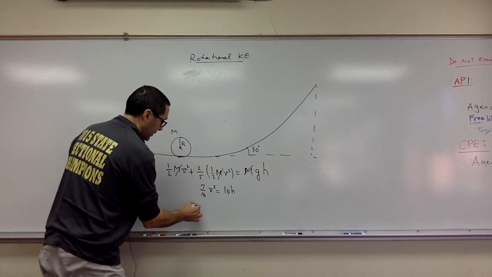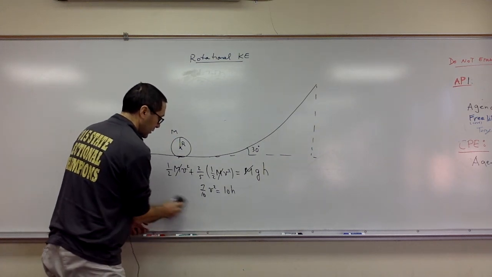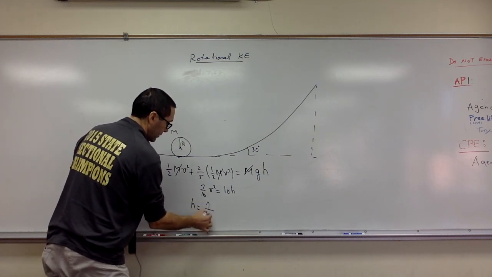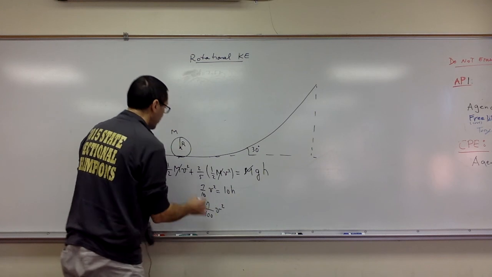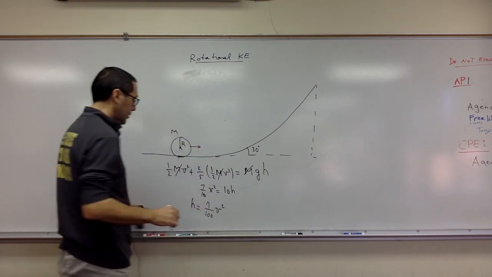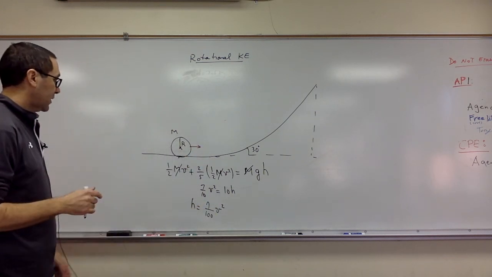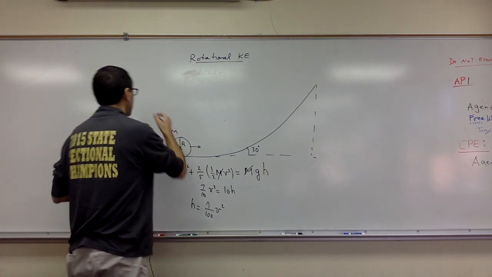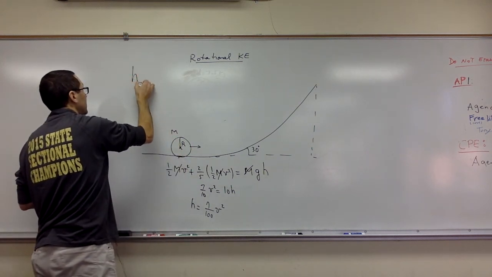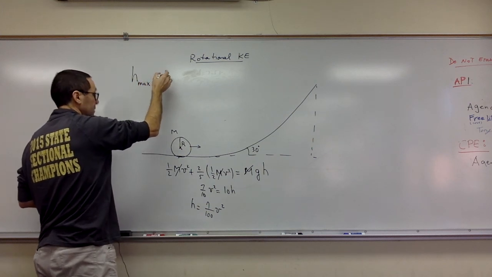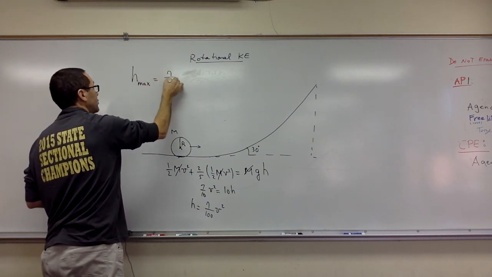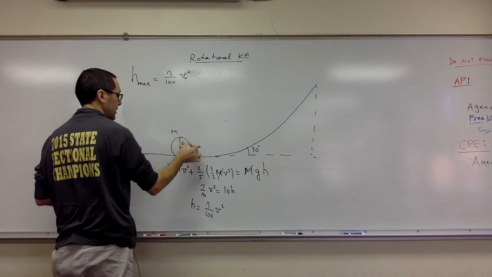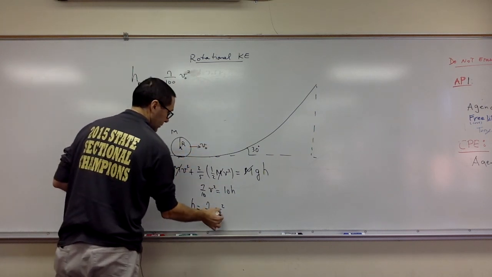Oh, actually we're looking for h. So h is going to be 7/100 v squared. So depending on what linear speed you had initially, you can figure out your maximum height. So the maximum height is going to be 7/100 times v, and I'm going to make this the initial v. Okay?